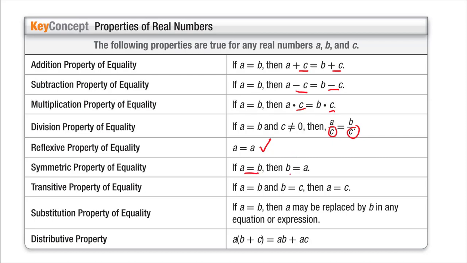Basically, you're just flipping the location of your variables across the equal sign. Transitive property. So if A equals B and B equals C, then A equals C, because you have the same thing equal to the same thing, essentially. Substitution, if you have A equals B, you can replace A or B in any expression. And then our distributive property, moving through and distributing your values.